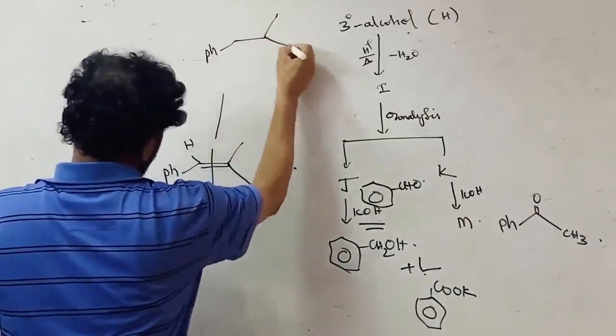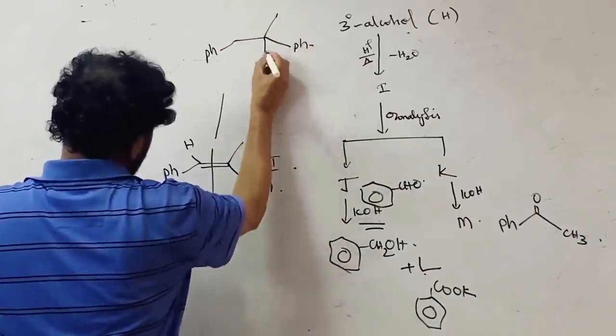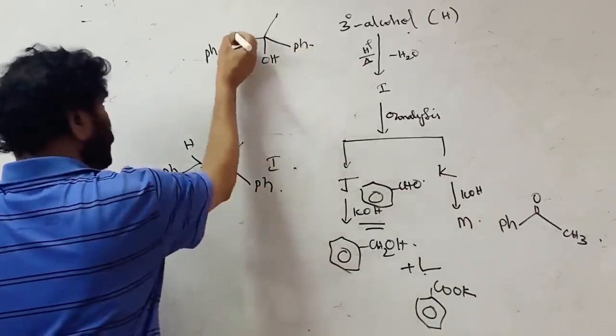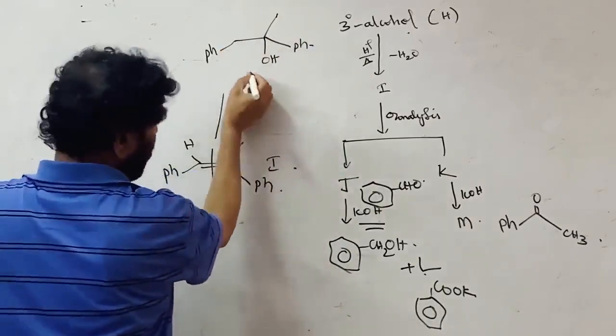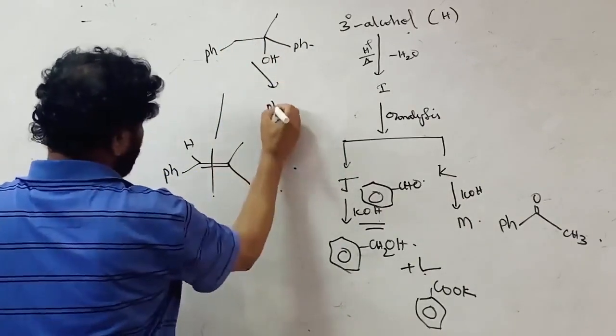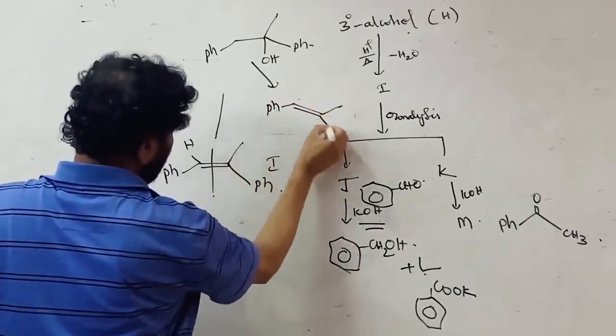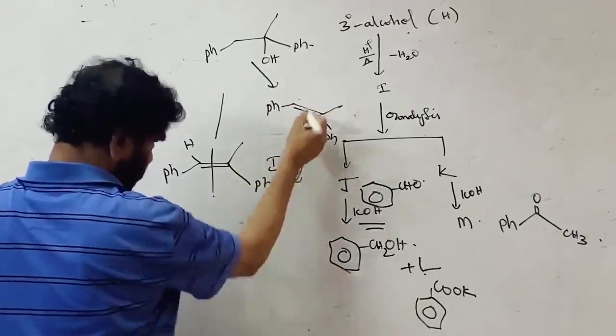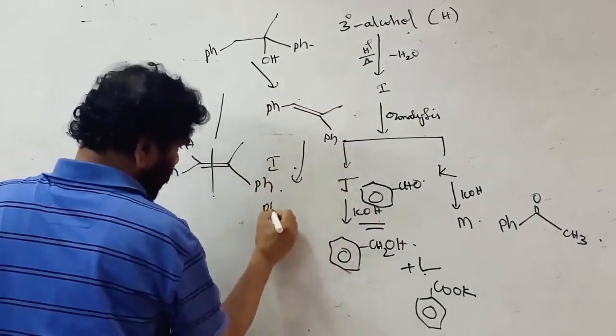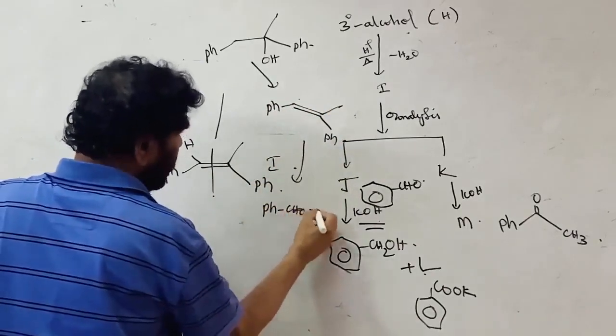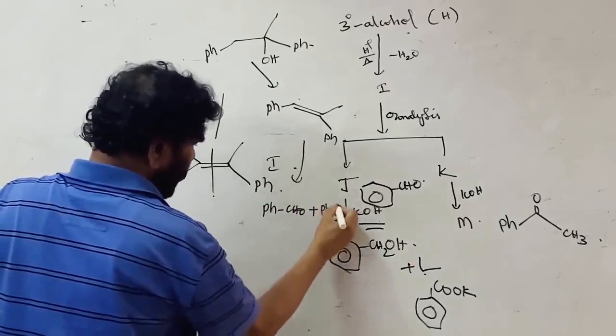This is the Ph, so this is the 3-degree carbon. If the OH is here, on dehydration it gives the double bond, and this on ozonolysis gives benzaldehyde plus benzophenone.